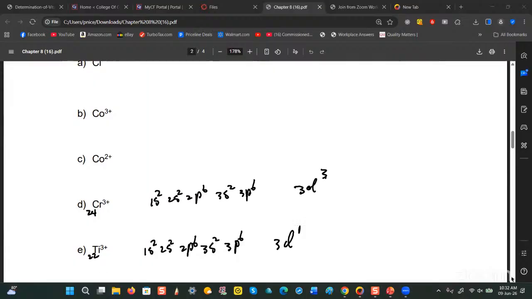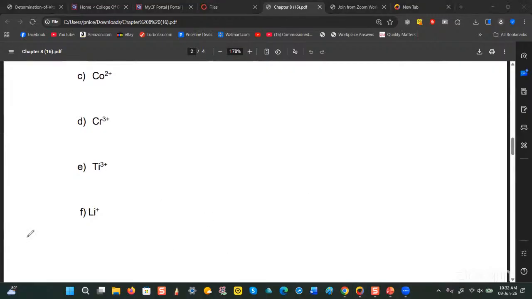Let me scroll down here to see what's going on. Oh, lithium, that's too easy, because the atomic number of lithium is 3. So the electron configuration is 1s2, 2s1. To get to lithium plus, you simply remove that one electron, so the 2s will disappear, and it's going to be 1s2.